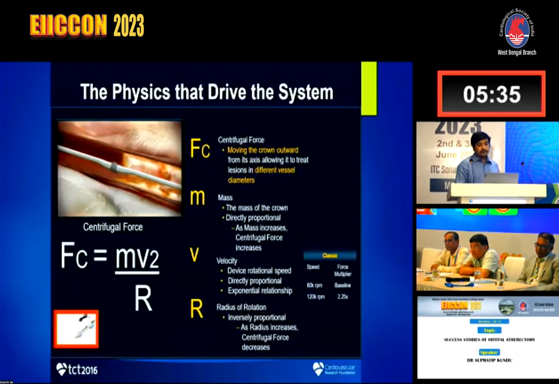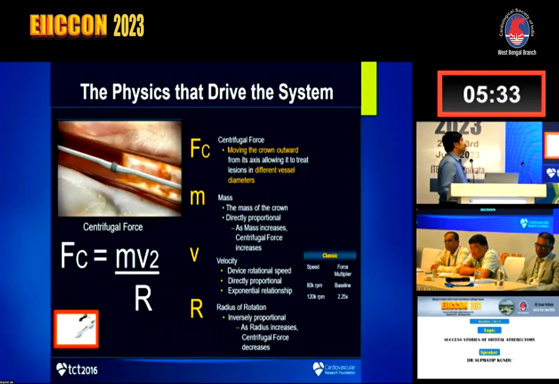Now, the next important thing to say is that the centrifugal force generated by the orbital atherectomy is directly proportional to the velocity and inversely proportional to the radius. So when you are using it in a large vessel, you should increase the velocity, and that's why the 2 velocity button is there.